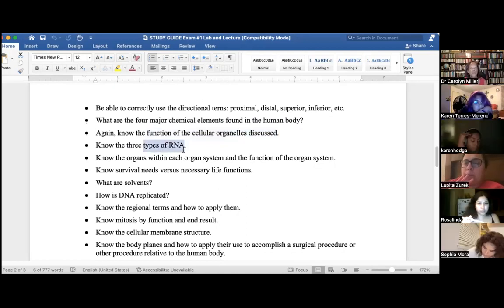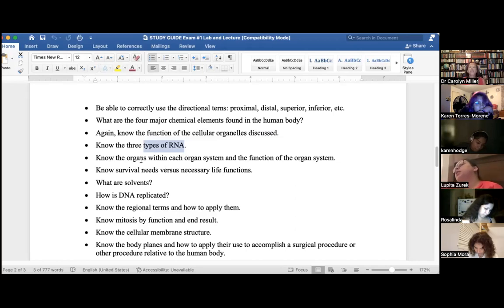The three types of RNA were the messenger RNA, which carries the codon, transcription of DNA. The ribosomal RNA is in the ribosomes, and the transfer RNA brings the specific amino acids corresponding to the codon for the growing polypeptide, which will be my protein. And the tRNA has the anticodon.